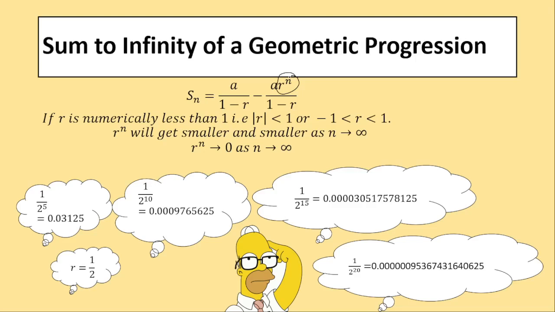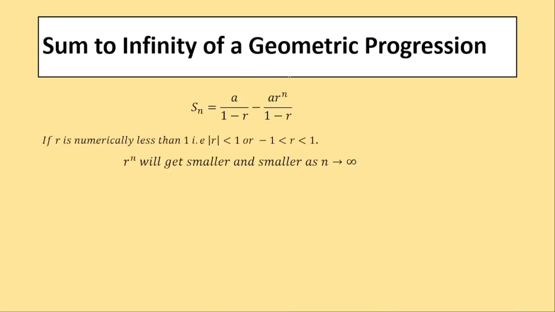And if it's tending towards 0, this whole part will be a big 0, and a over 1 minus r minus 0 will just be a over 1 minus r. So what we're saying is that as n gets larger and larger, S sub n, the sum of the first n terms, is tending towards a value, and that value is a over 1 minus r.